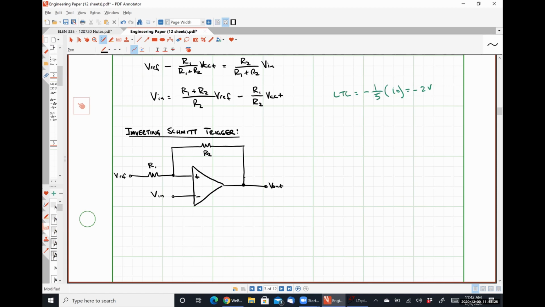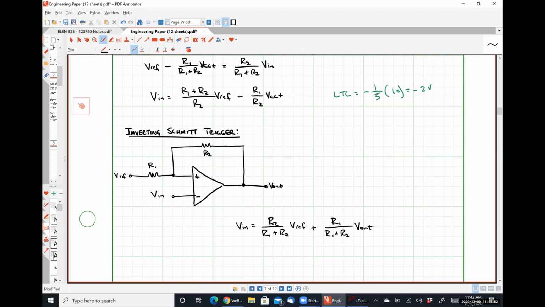So the inverting Schmitt trigger is governed by the equation Vin is equal to R2 over R1 plus R2 times Vreference plus R1 over R1 plus R2 times V out.